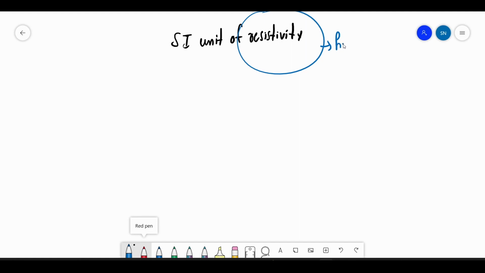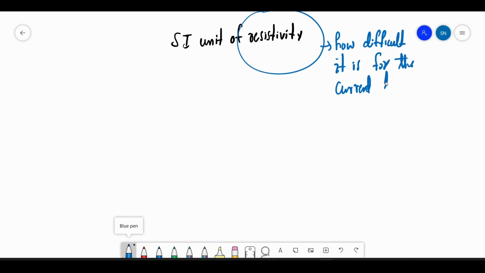It is how difficult it is for the current to flow in a particular material, right? Yes, sir.